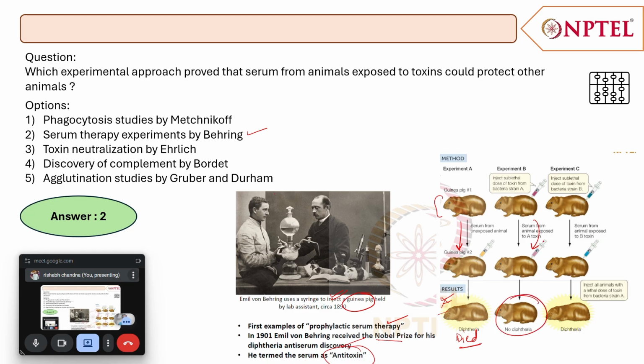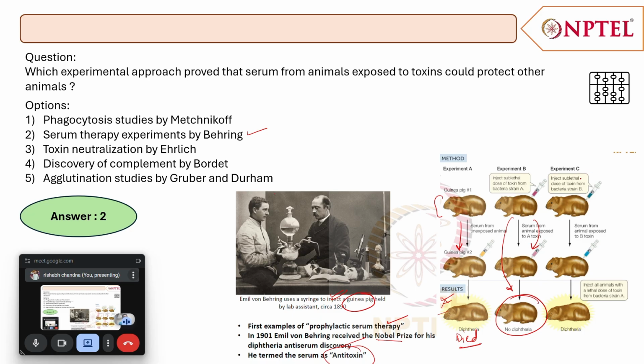That means the pig actually developed immunity against the diphtheria toxin, because the serum had been transferred from a strain that was already infected with diphtheria.